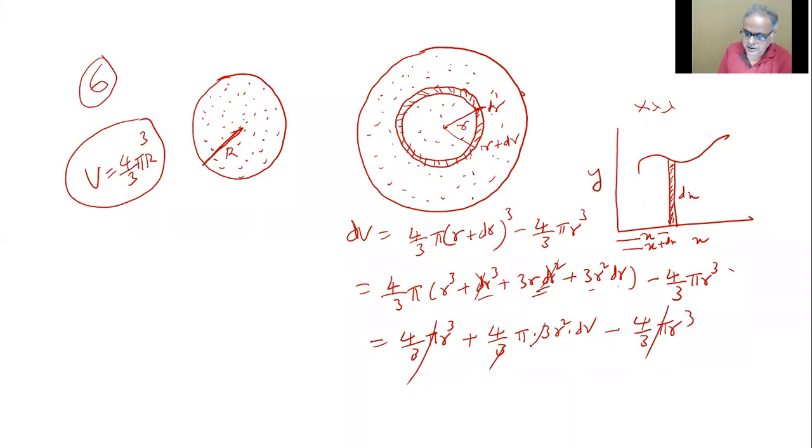So what do I get? dV equals 4 pi r square dr, which I can get by differentiation. Just watch. V equals 4 by 3 pi r cubed if I write. What is dV by dr, Sai Ganesh?